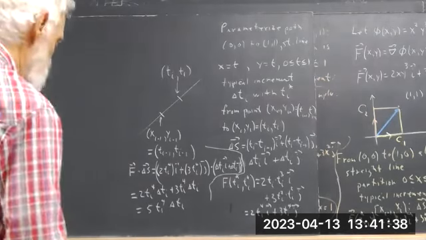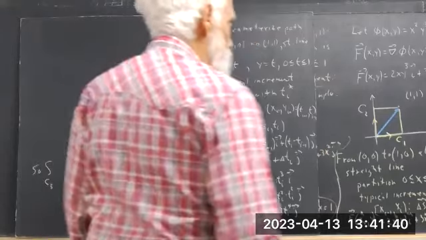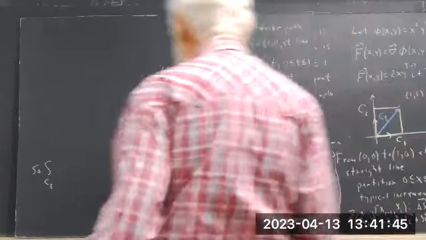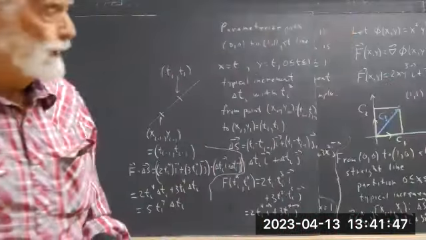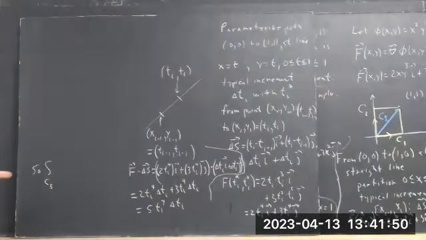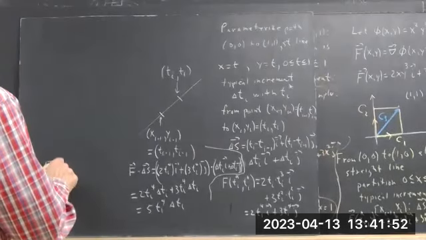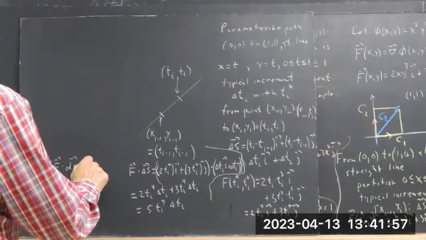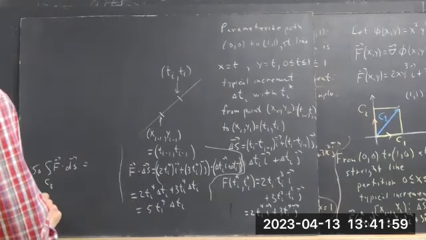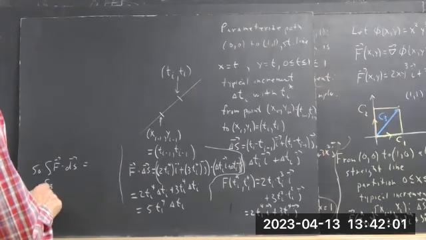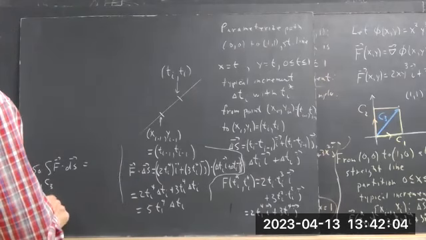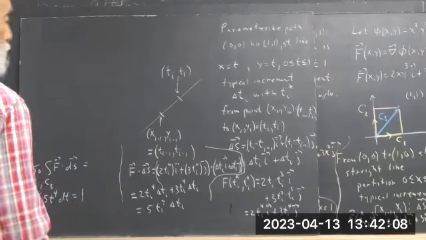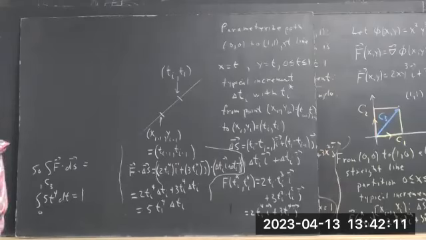So the integral over C3, which I will label a little bit later here, of F dot ds equals the integral from t equals 0 to t equals 1 of 5 t to the fourth dt, which is 1 again.